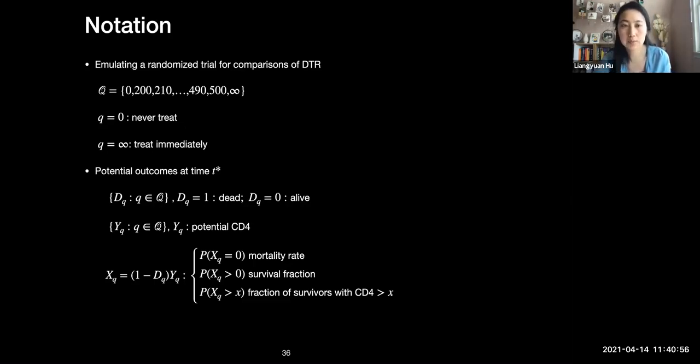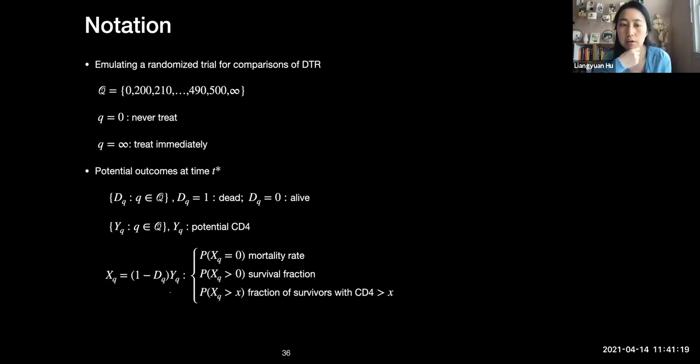These patients will be followed for a fixed amount of time, and at a target measurement time, say T star, both the mortality status and CD4 among survivors will be ascertained. Then we make a composite outcome, which is the product of the death indicator and the CD4.